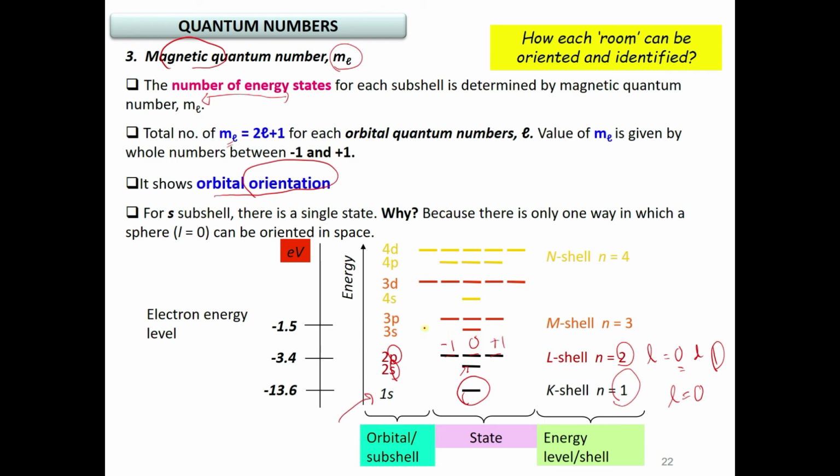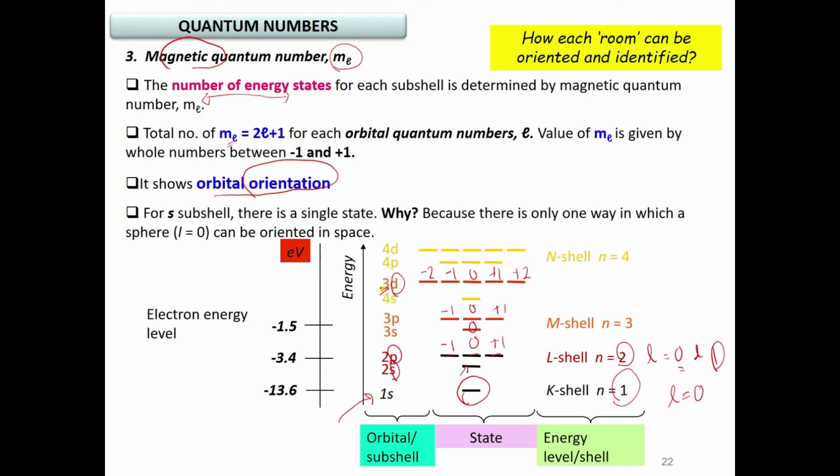For energy level 3, it has a single state for 3s, and 3 states for the 3p orbital: -1, 0, +1. And it also has -2, -1, 0, +1, and +2 energy states for the d orbital in energy level 3.